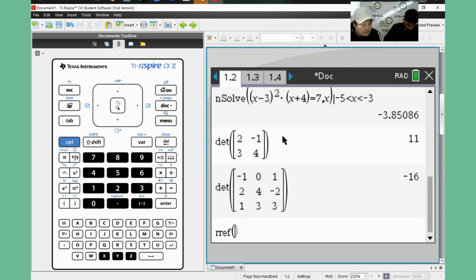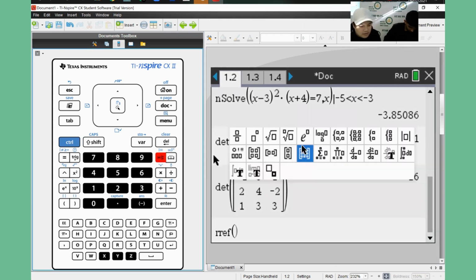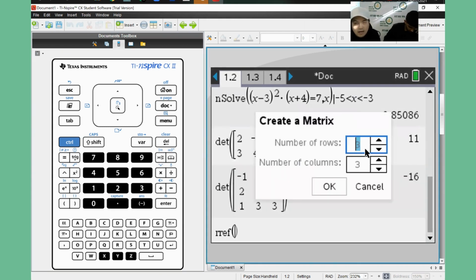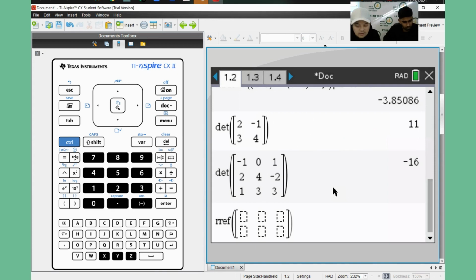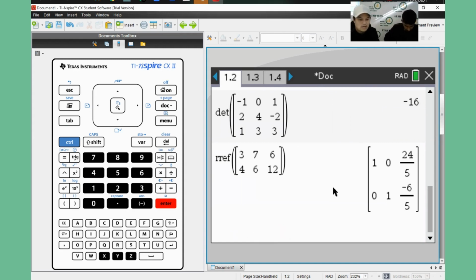RREF. Same thing. A matrix. This time, what I want is a matrix of 2 by 3. So I type in 3, tag, 7, tag, 6, tag, 4, tag, 6, tag, 12. Enter. Ta-da! It gives me the answer already.